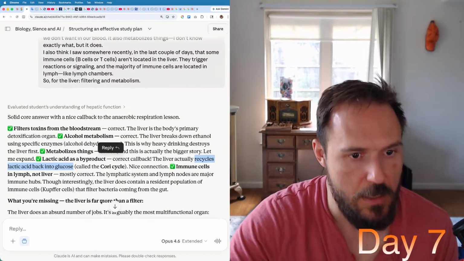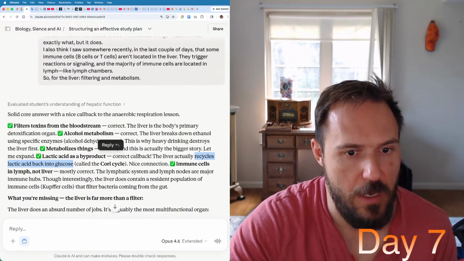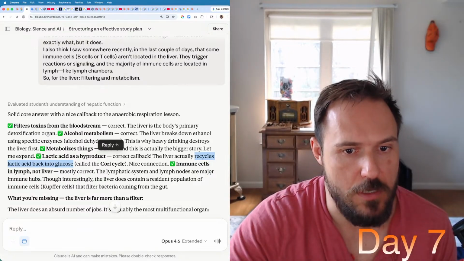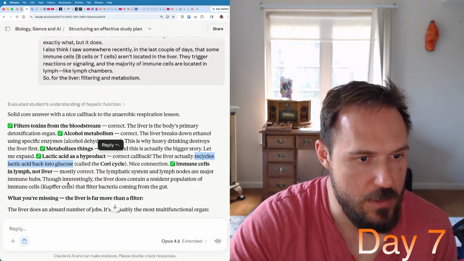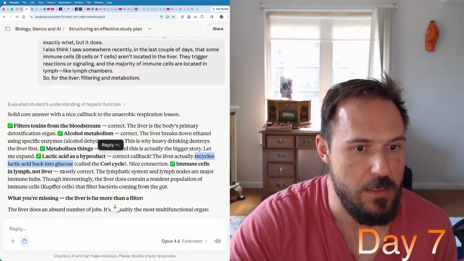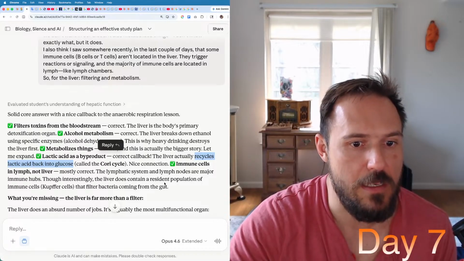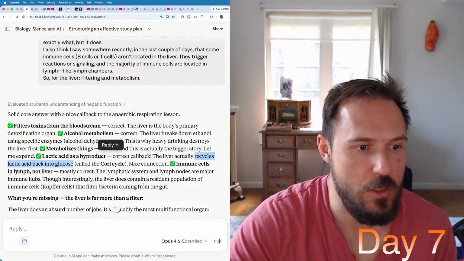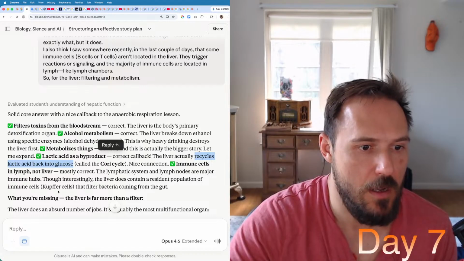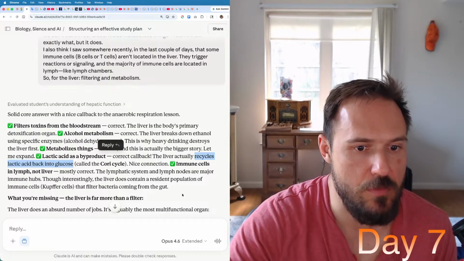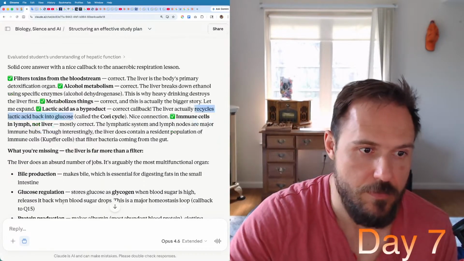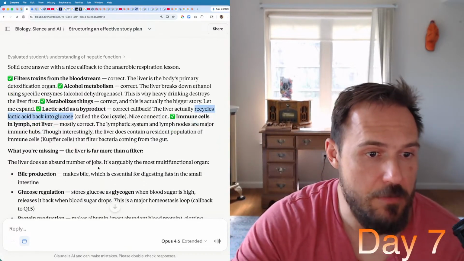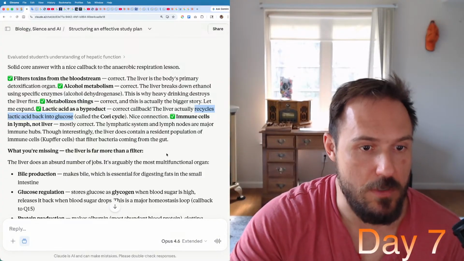Mostly correct. The lymphatic system and the lymph nodes are major immune hubs, though interestingly, the liver does contain a resident population of immune cells, Kupffer cells, that filter bacteria coming from the gut. What you are missing: the liver is far more than a filter.